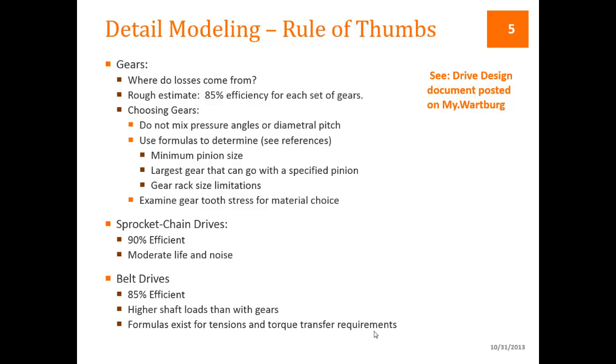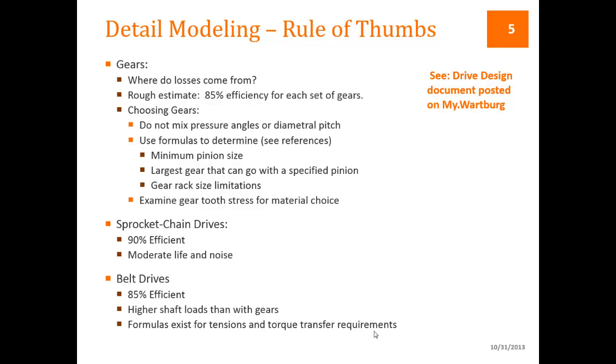In the drive design document, there's also a list of formulas that can be used to determine the minimum pinion size given a gear size, or the largest gear that could go with a specified pinion. The pinion is just a special name given for the small gear.